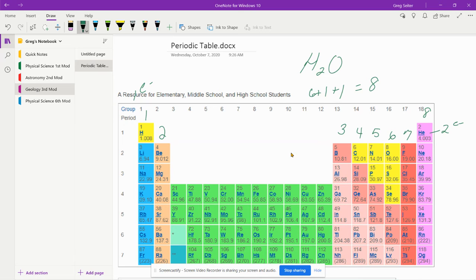If I have, for example, lithium bromide, lithium is a 1. Bromine, Br, is a 7. That's 8. So this is how we come about our chemical formulas. They have to equal 8 or some form of 8. 16, 24. When you add these numbers up, there'll be a multiple of 8.